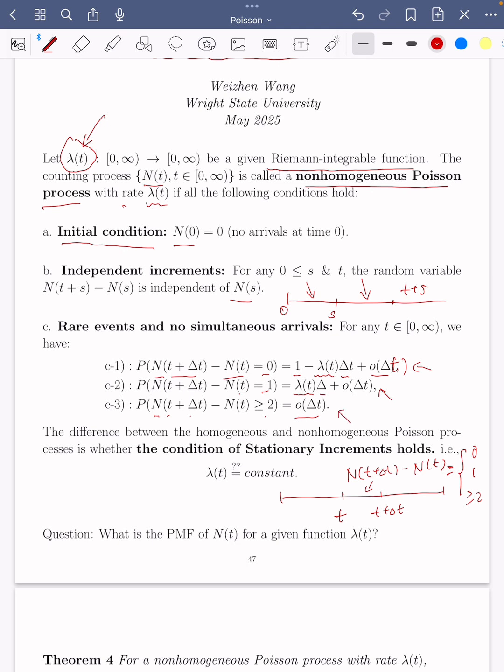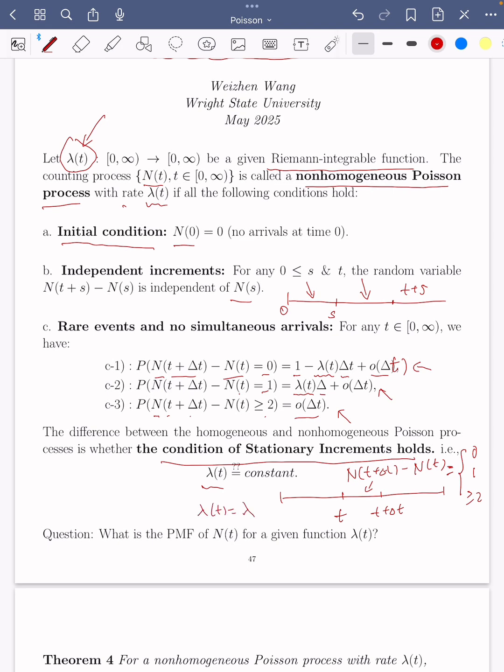The difference between the homogeneous and the non-homogeneous Poisson processes is whether the condition of stationary increment holds. For the homogeneous Poisson process, we still have the stationary increment, so in that case lambda t is just equal to a constant.